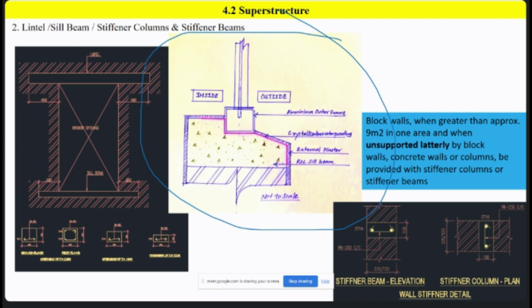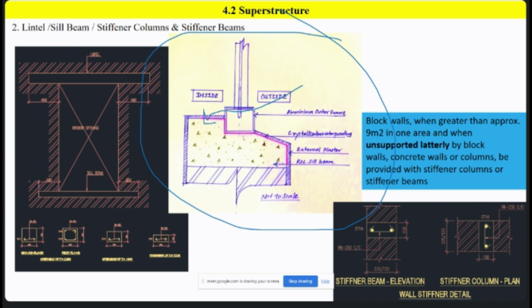Otherwise, after 10 to 15 years, water will come through this aluminum outer frame. If your structure, your window reveal, is not like this, water will definitely come inside. You can take a snapshot here. This is the correct procedure on top of the sill beam for the outer frames.